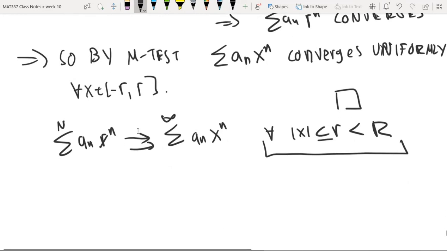We should do some examples. Oh yeah, one quick corollary. Finding this lim sup can be hard.